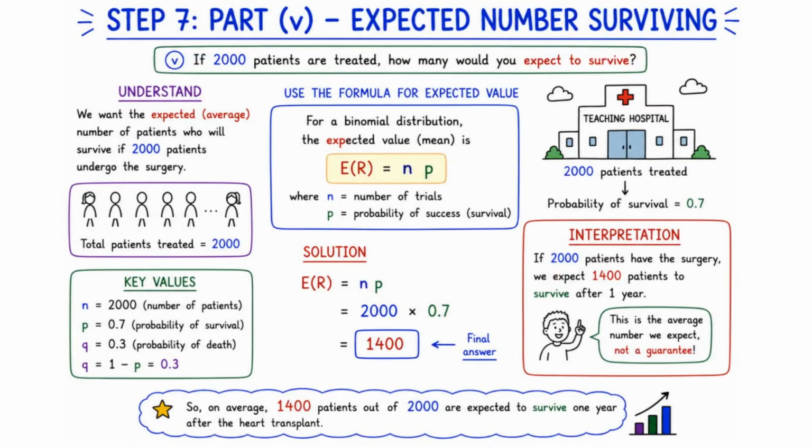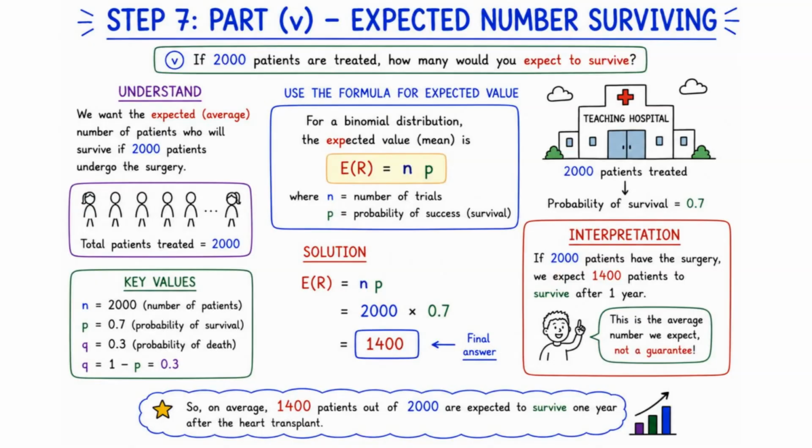And by now you know what N and P refer to. So you substitute the values, and what do we have? We're going to have 2,000 multiplied by 0.7, which equals 1,400. Therefore, we expect approximately 1,400 patients to survive.